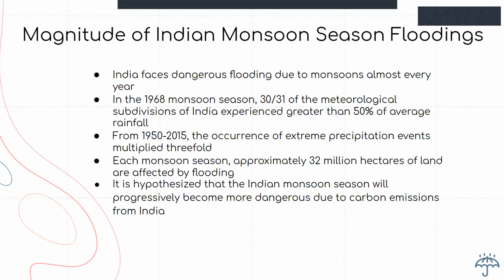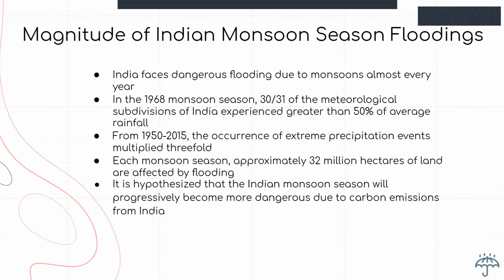So now we're going to be talking about the magnitude of the flooding relative to the Earth and time. India faces dangerous flooding due to monsoons almost every year. And from 1950 to 2015, the amount of extreme precipitation events multiplied threefold.